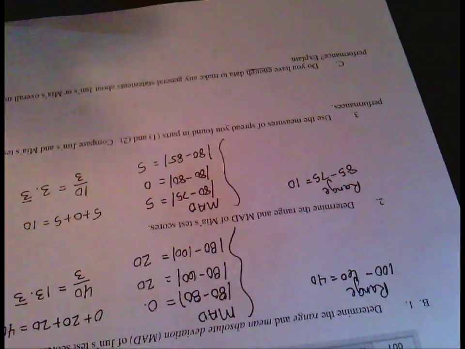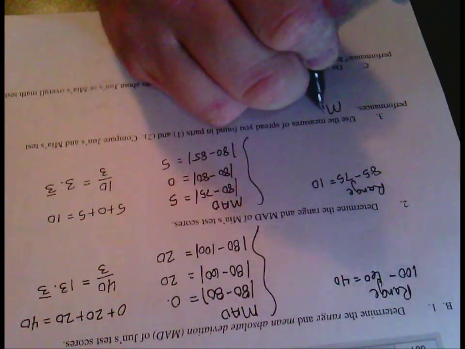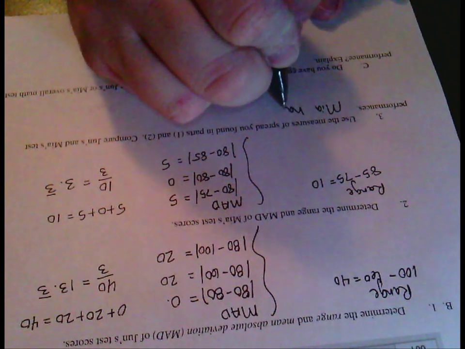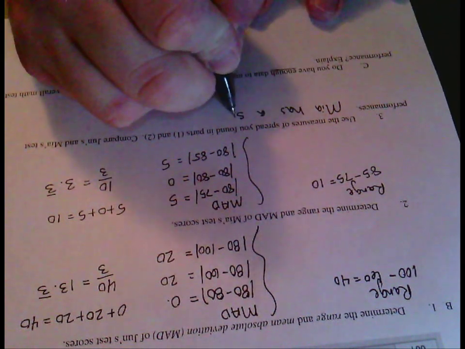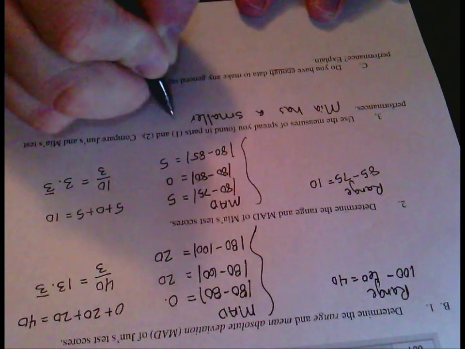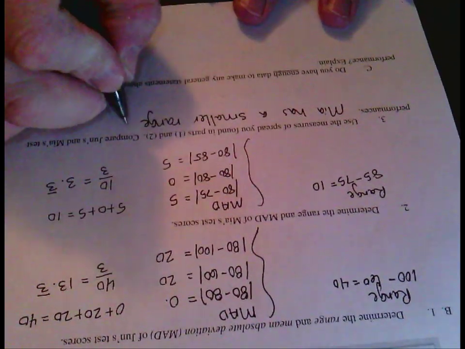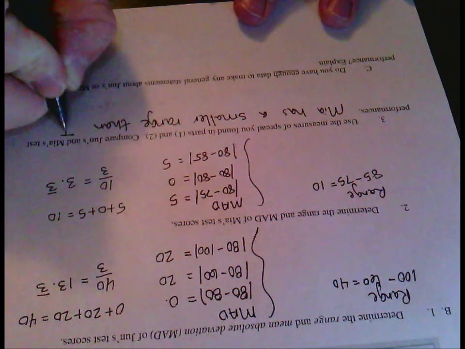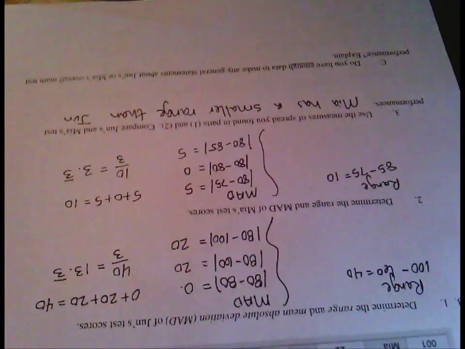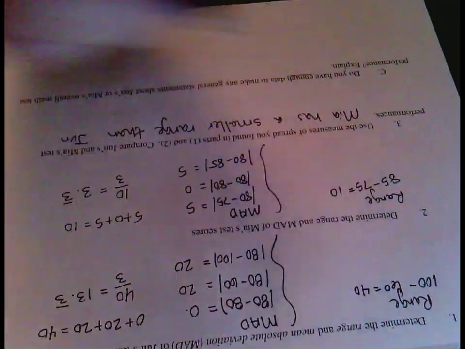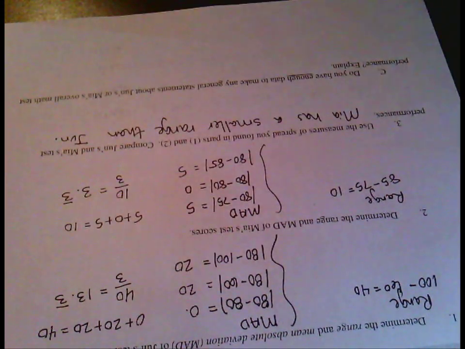Mia has a smaller range than June. That tells me that Mia has data points closer together.